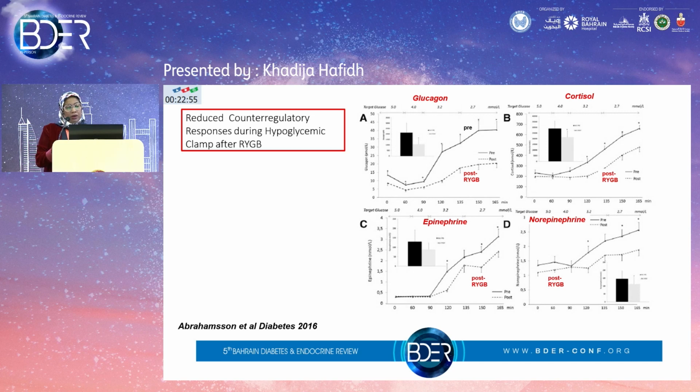So the dark lines are the ones where it's pre-surgery, and then after you've had the surgery are the dashed lines, and you can see that the glucagon levels are much suppressed, the cortisol levels also lower, epinephrine and norepinephrine levels are lower. So you do get this reduced counter-regulatory response during the hypoglycemic clamp studies, again, telling us that this may be one of the plausible mechanisms that would result in post-bariatric hypoglycemia.